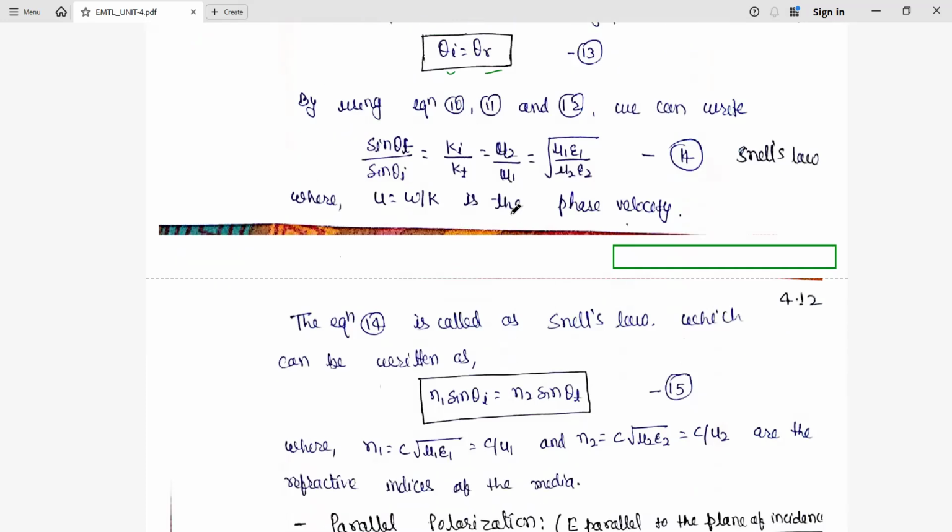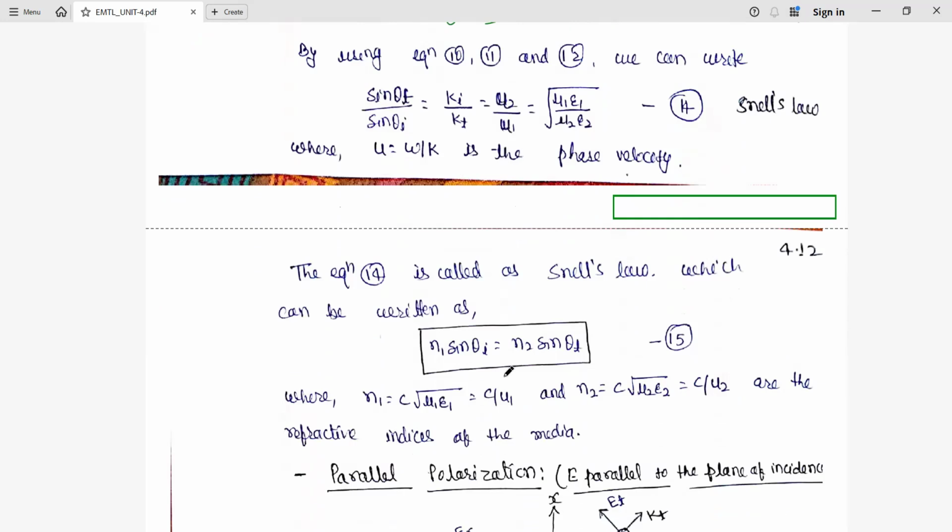Now by using equations 10, 11, and 12, we have sine theta t by sine theta I equal to Ki by Kt, which is u2 by u1, equal to root mu 1 epsilon 1 divided by root mu 2 epsilon 2.